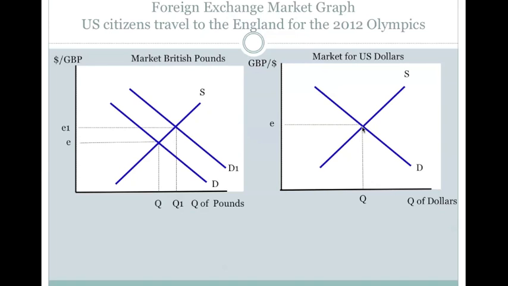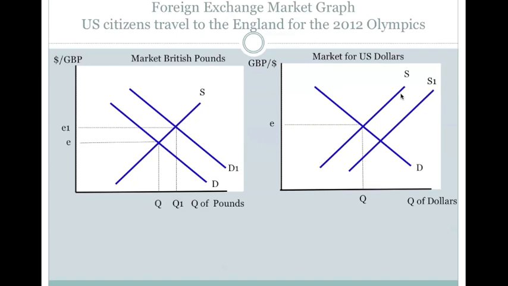Well, think about it. I've gone to this foreign exchange market, and I've bought British pounds. So now the market has less pounds, because I have them, and they have more US dollars. Which curve is that going to affect? Well, the answer is the supply curve. So by me putting more dollars into the foreign exchange market, and again, not just me, lots of people traveling to England, this is actually flooding the market with US dollars.